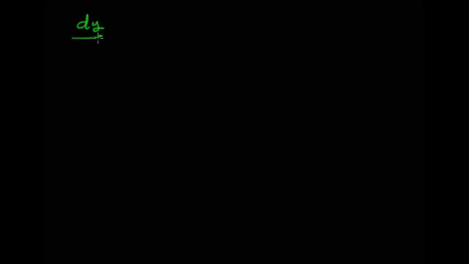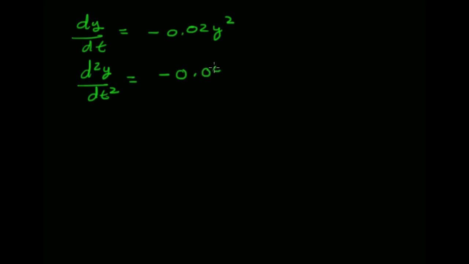So the first derivative with respect to t is negative 0.02y squared. So if I take the second derivative of y with respect to t, I get negative 0.04 y times dy/dt. This is implicit differentiation because I'm taking the derivative with respect to t here.